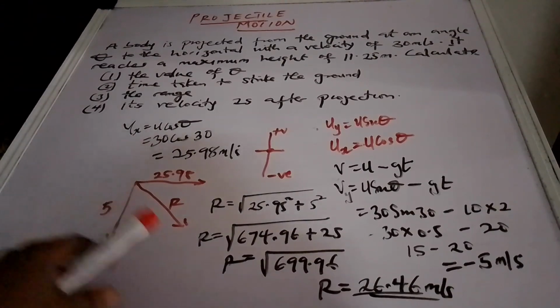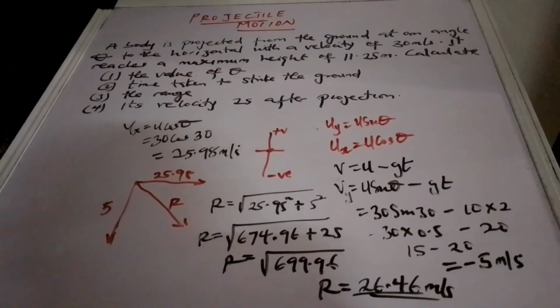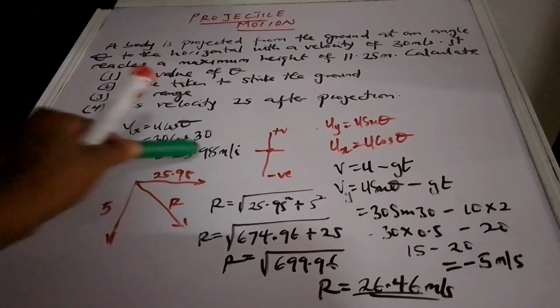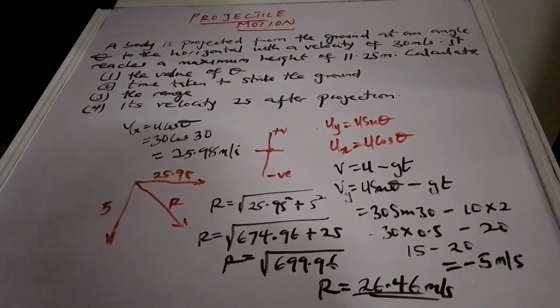So the velocity of the object 2 seconds after projection is going to be 26.46 meter per second. At initial it was 30, but 2 seconds after, the velocity has reduced to 26.46 meter per second, and that's how the velocity of the object will be changing vertically. But horizontally, the velocity of the object will remain as 25.98 meter per second.